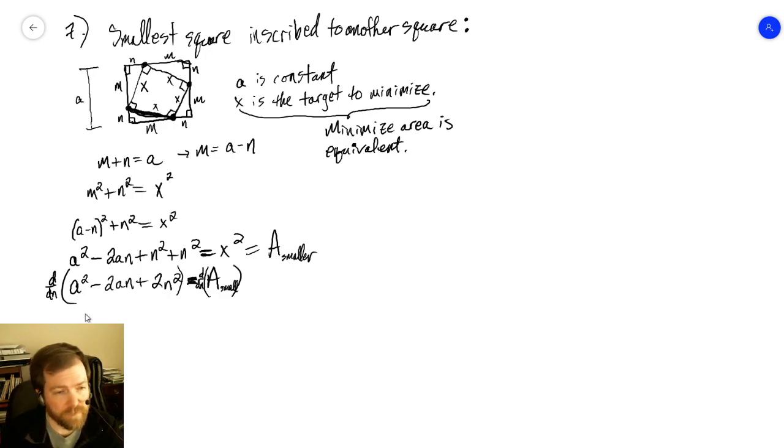So that's actually very convenient. d/dn of a squared is nothing, so that's 0. d/dn of negative 2an is going to be a negative 2a. d/dn of 2n squared is going to be 4n. Equals, and then over here, d/dn of the area is going to be an unknown dA/dn, but we're trying to set that equal to 0 because we're trying to minimize it.